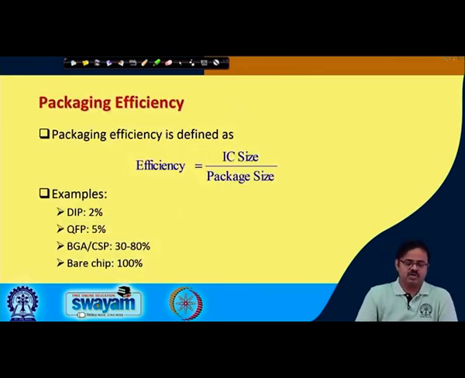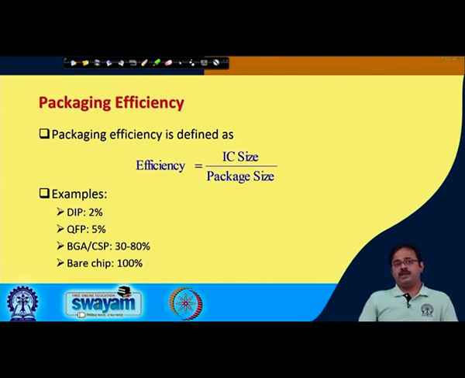There is an expression called packaging efficiency, which is this: efficiency is IC size over package size. If you look at some examples, dual inline package, that is huge. The IC is only 2% of the package size. Quad flat pack, 5%.